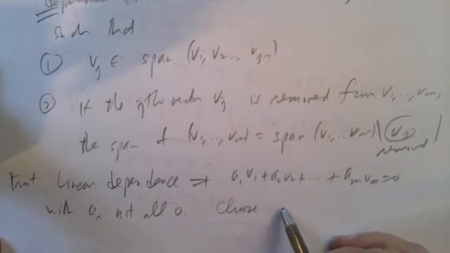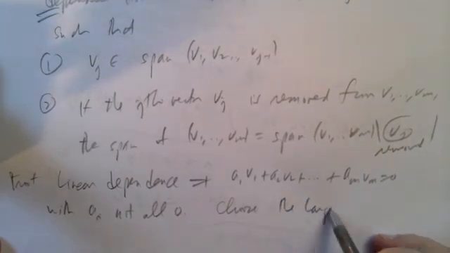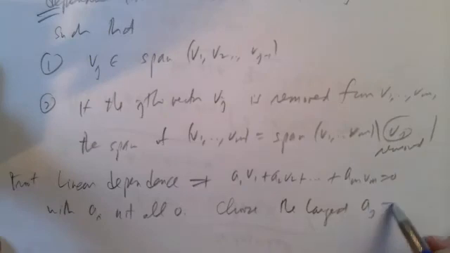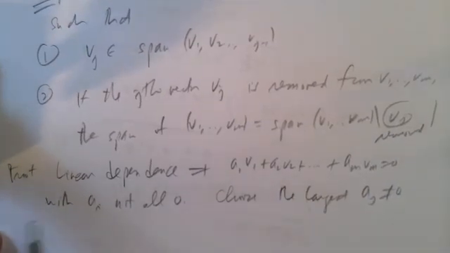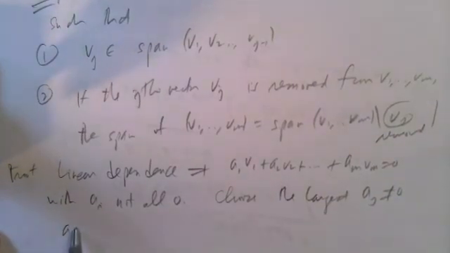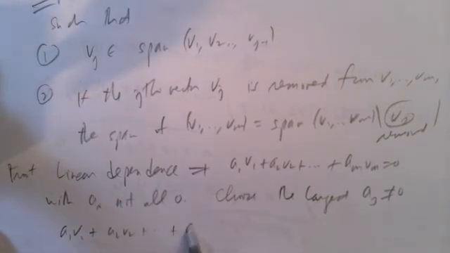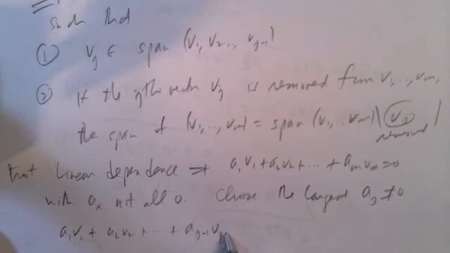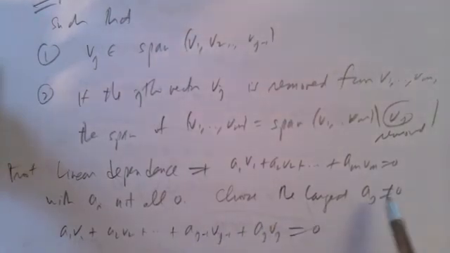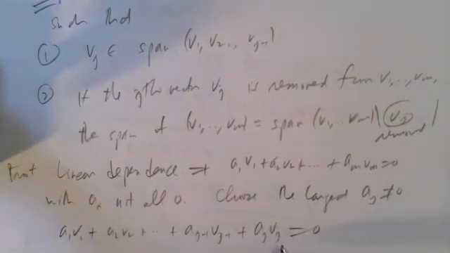So choose the largest coefficient A sub j not equal to 0. So then what you have is A1 V1 plus A2 V2 up to A sub j minus 1 V sub j minus 1 plus Aj Vj is equal to 0, because all the higher coefficients are 0.